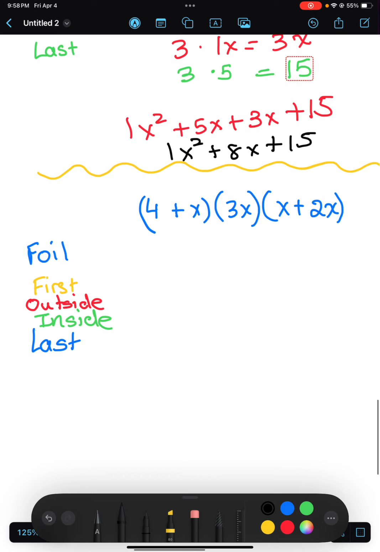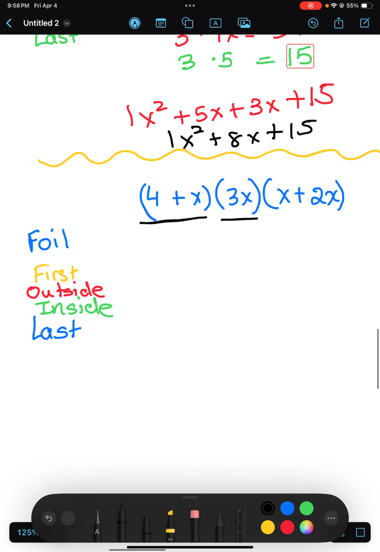So let's try one more. Now, what do you do when you have 3 polynomials or more than 3 polynomials? Well, if you have polynomials that have 2 terms, and you have 2 polynomials each with 2 terms, you can actually use the FOIL method to simplify those and then just multiply it with your third one.